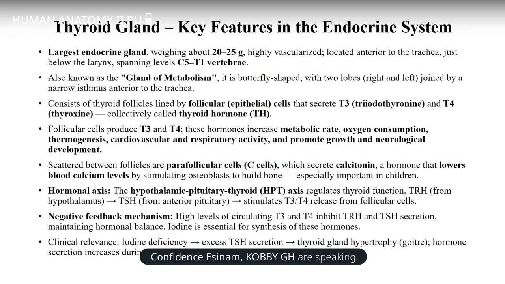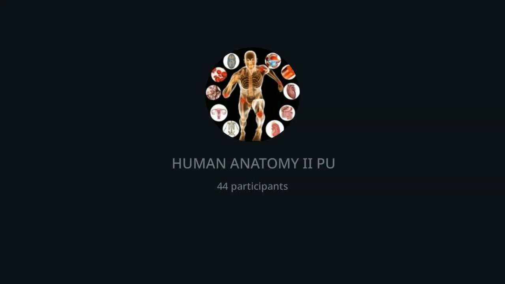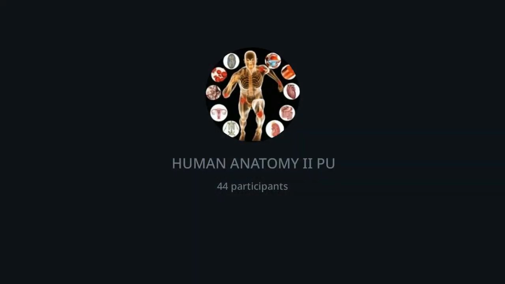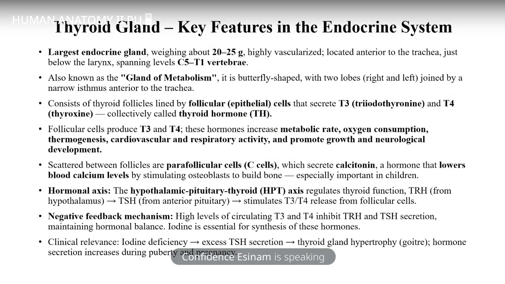Good. So first you can say it is at the anterior neck. And then second, you can also say that it is related to the vertebral column, within the fifth cervical vertebra and the first thoracic vertebra.